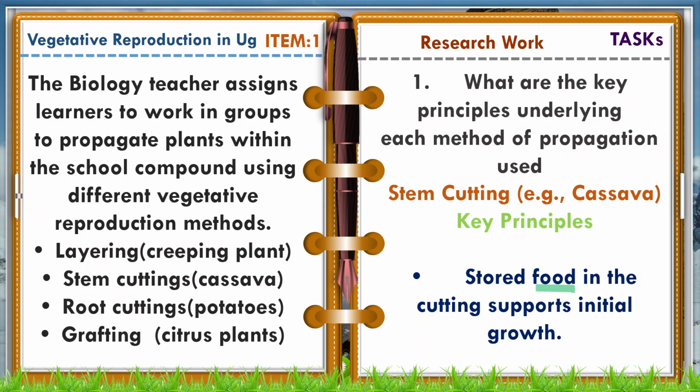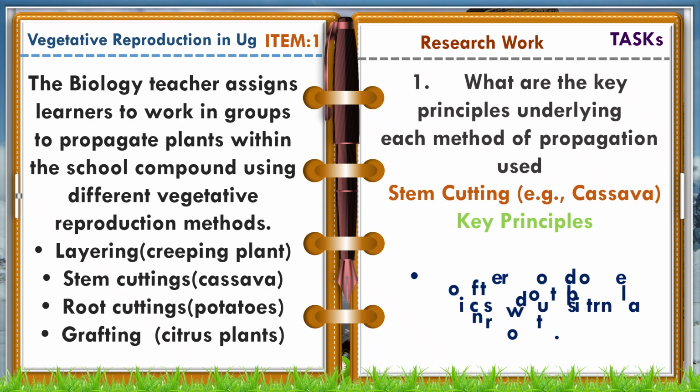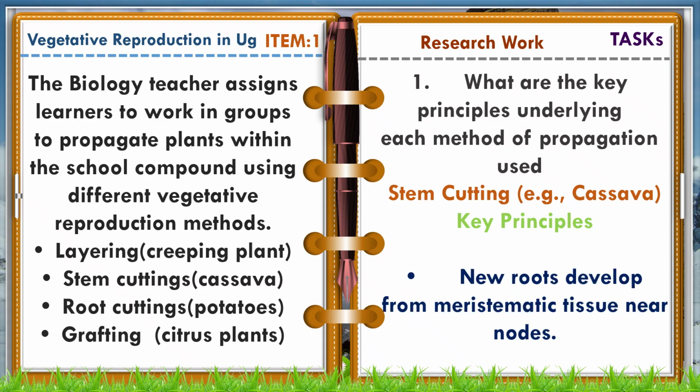Stored food in the cutting supports the initial growth. Now the new roots will develop from the meristematic tissue near the nodes.